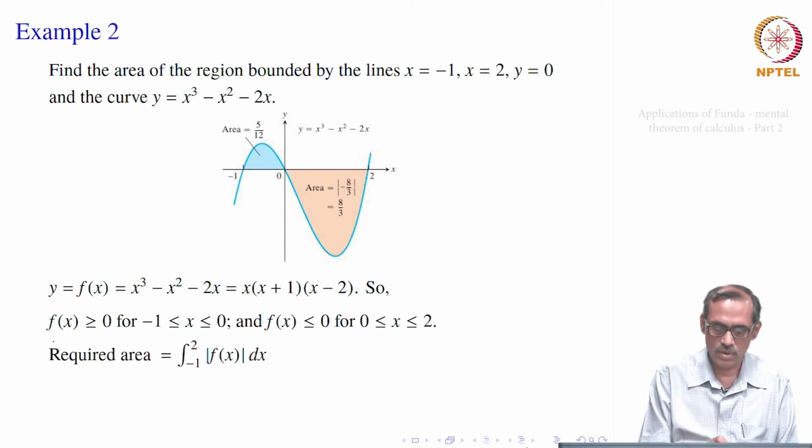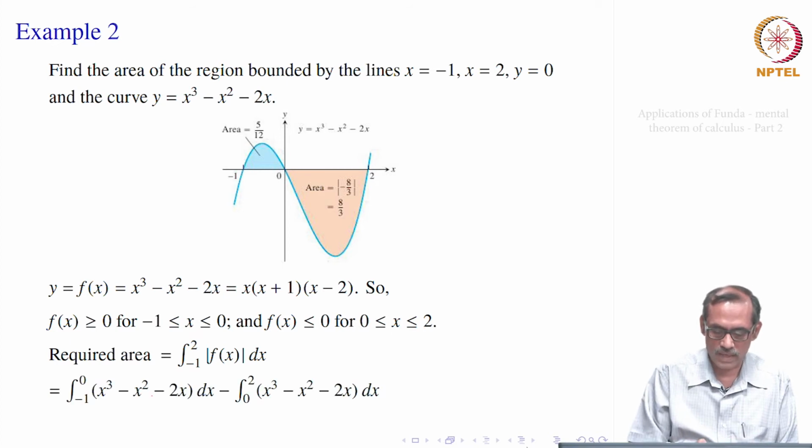Mod f x we know it is equal to f of x when it is from minus 1 to 0, and it is minus f of x when x is in 0 to 2. So, you would write that as two integrals. It is mod f x, that is x cubed minus x square minus 2x when x is from minus 1 to 0, and it is minus of x cubed minus x square minus 2x when x is from 0 to 2.